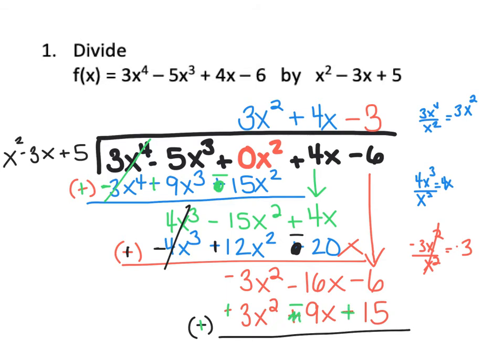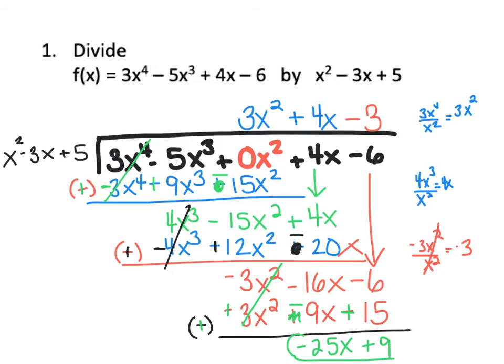All right, now I'm adding. These are eliminated. Negative 16x minus 9x would be negative 25x plus 9. Okay, I have no more terms to bring down, so this is my remainder.